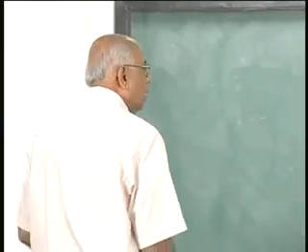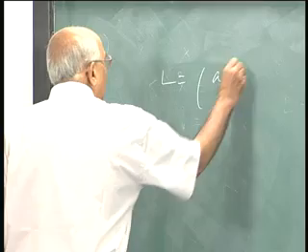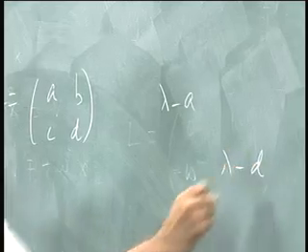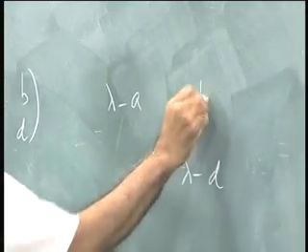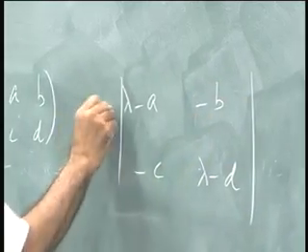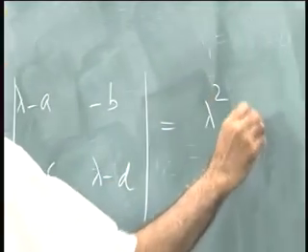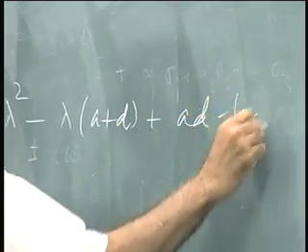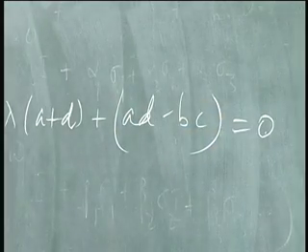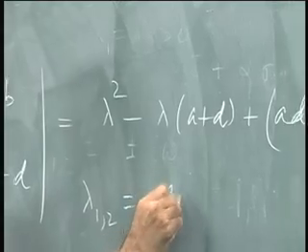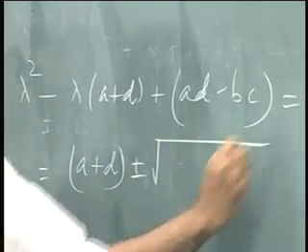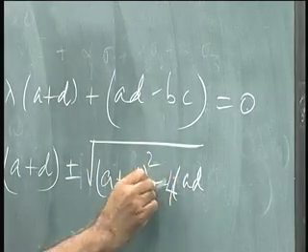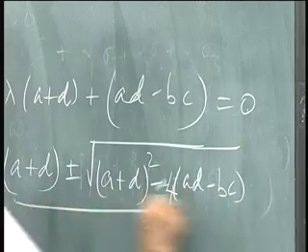That is easy to see, because what are the eigenvalues of L? L is A, B, C, D, and the secular equation is (lambda minus A)(lambda minus D) minus BC equal to 0, equal to lambda squared minus lambda times (A plus D) plus (AD minus BC) equal to 0, and the eigenvalues therefore lambda 1, 2 equal to (A plus D) plus or minus the square root of (A plus D) the whole squared minus 4 times (AD minus BC), over 2.